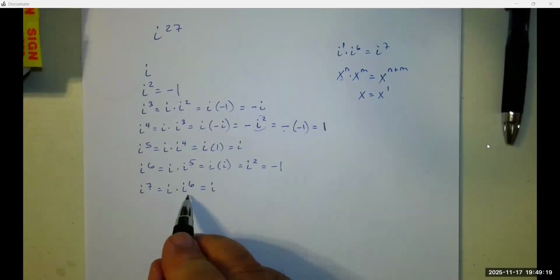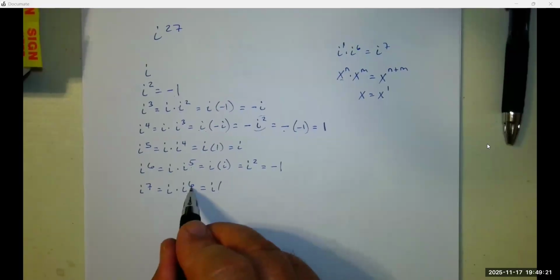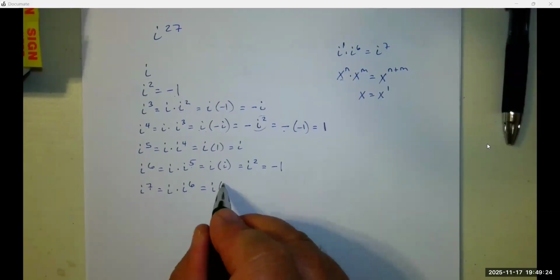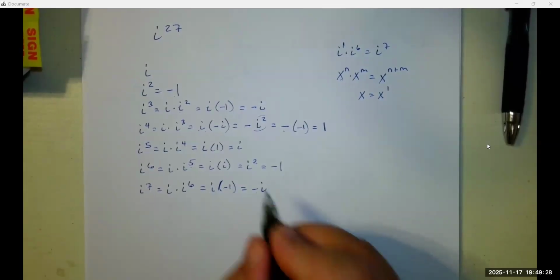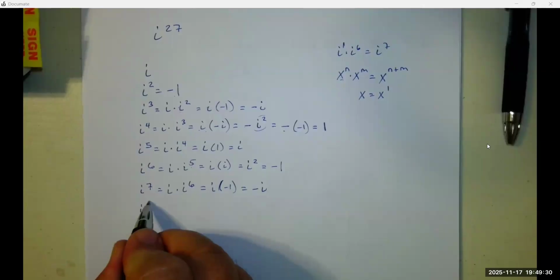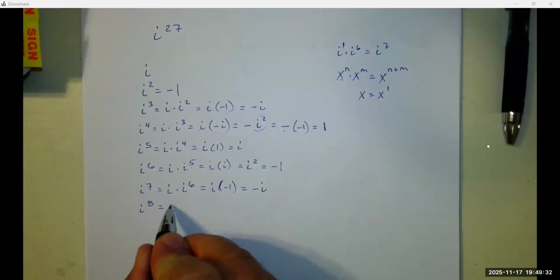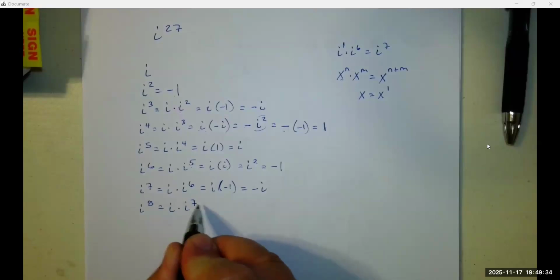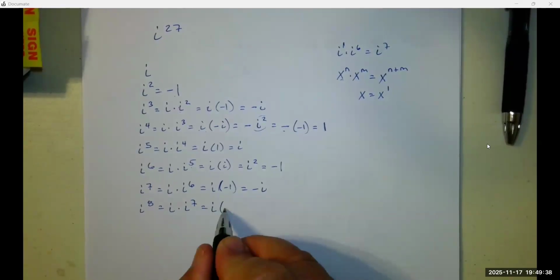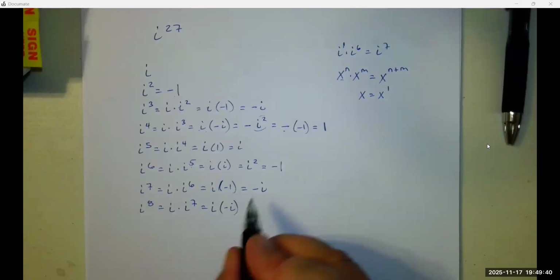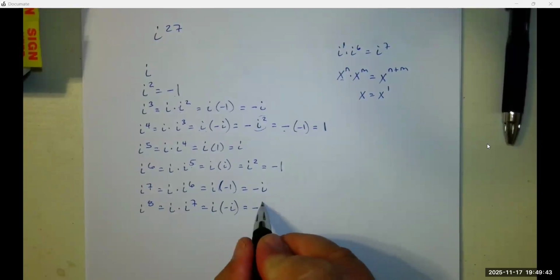So back to this. i to the sixth was negative 1. So that becomes i times negative 1 is negative i. i to the eighth is i times i to the seventh. i times negative i makes it negative i squared.